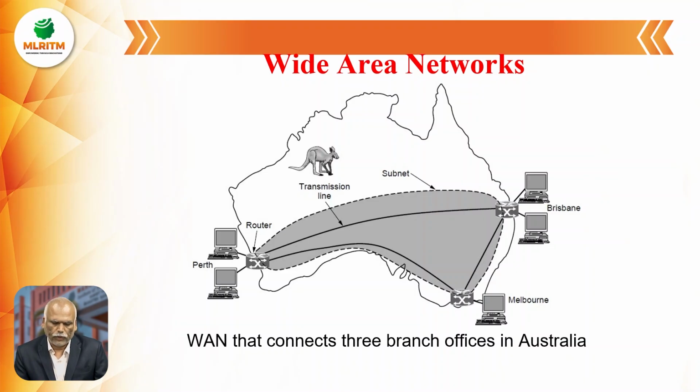To communicate between systems connected to the local router and the router of another system, the subnet system and transmission lines between the routers establish the connection. This is a WAN that connects the branch offices in Australia.